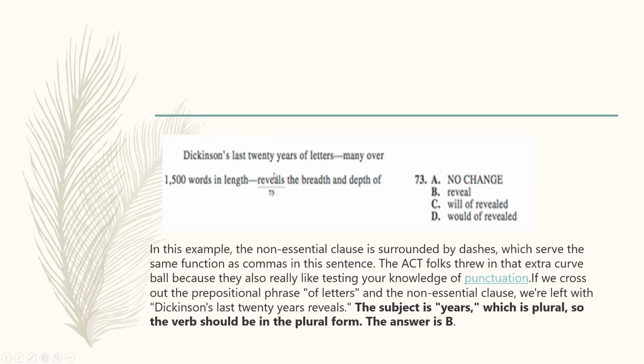Well, when I read the whole sentence, it's really about years, and years is plural. So now you have to go to your verb and go, okay, I need my plural verb. And that leaves "be," because "be" is plural. And it can't be "will" and "would" because she's dead.